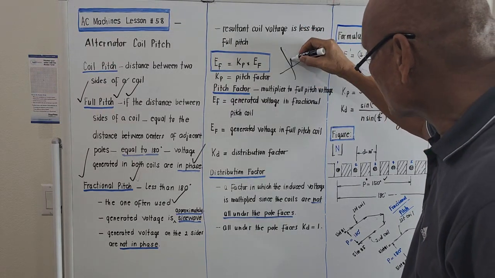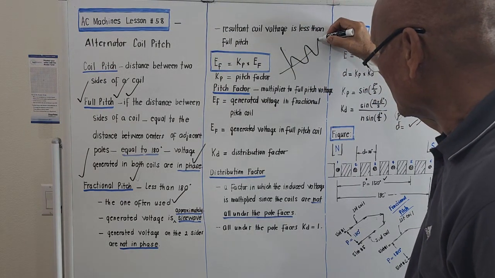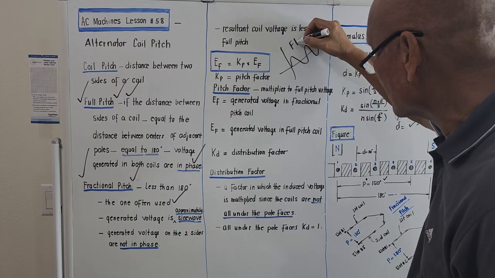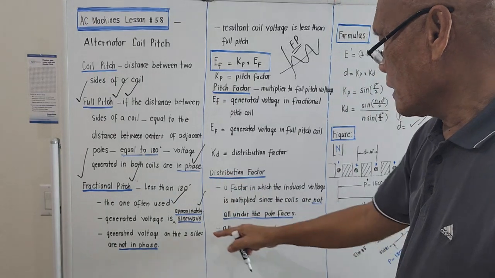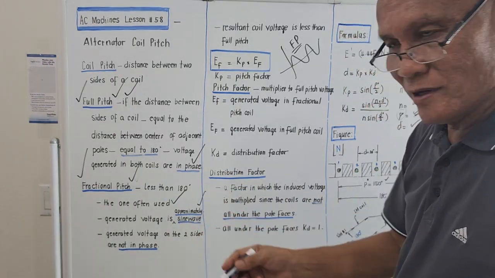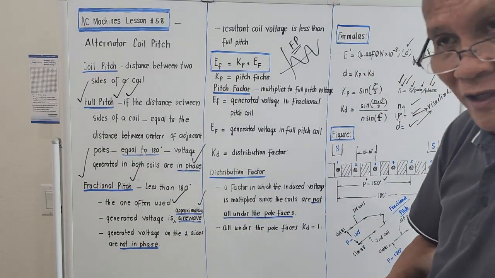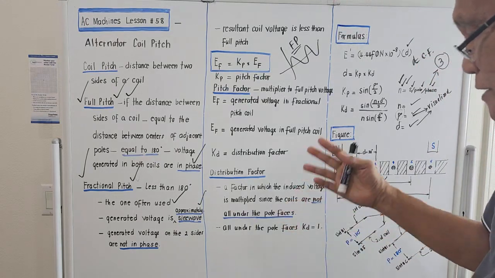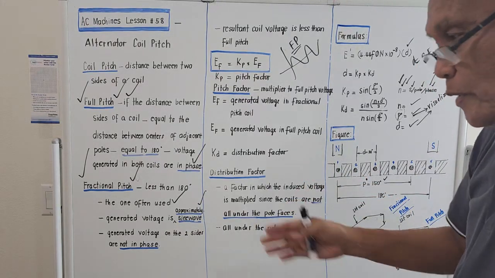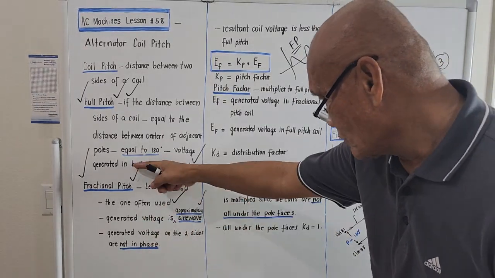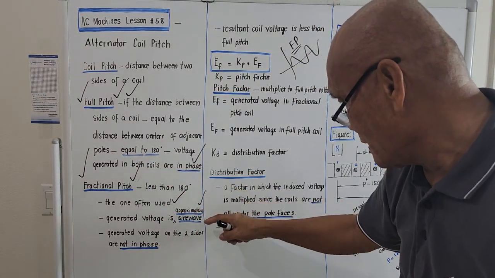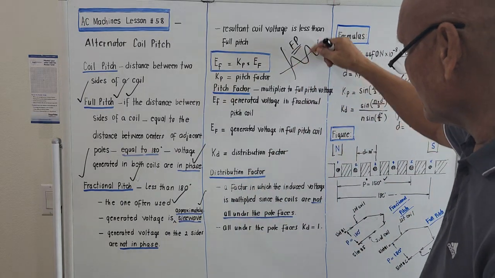That's according to this annotation. Maybe we could prove this if we try it in the laboratory, but since we are not in the laboratory, we will assume that this concept is correct. Generated voltage for a fractional pitch is approximately sine wave. Right?